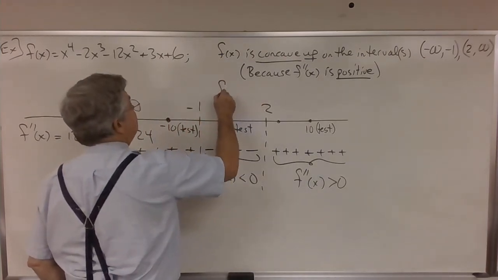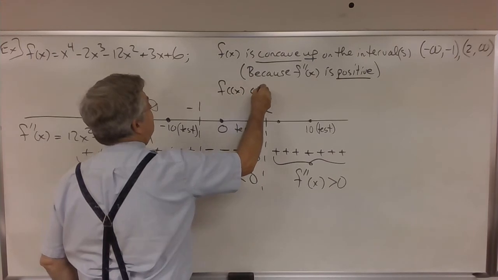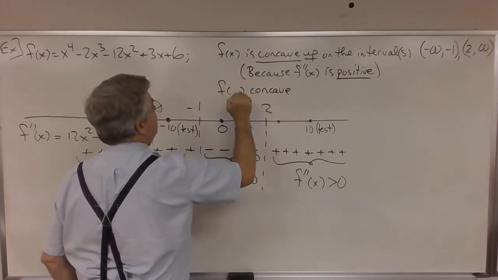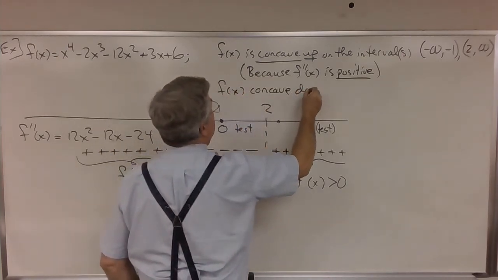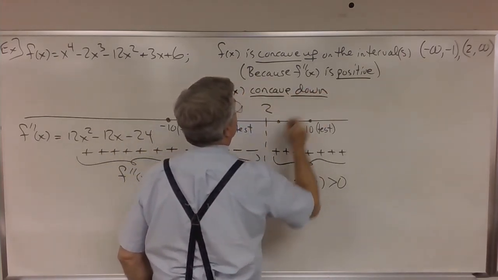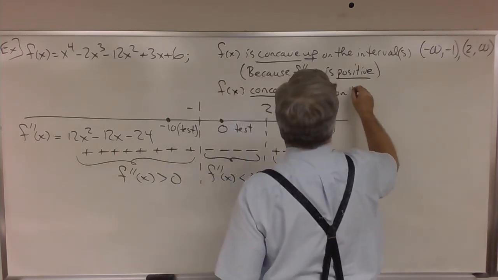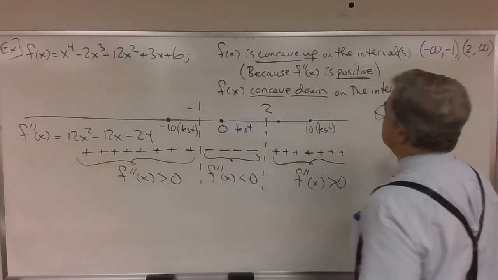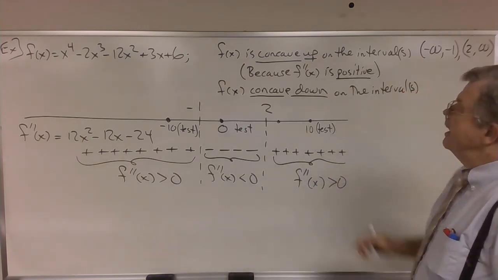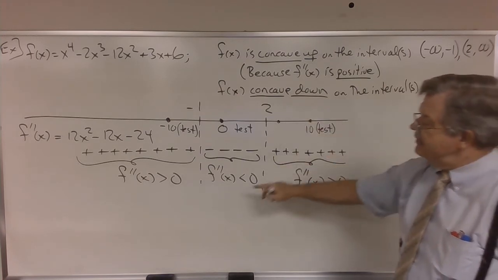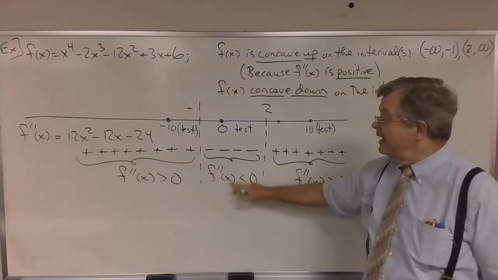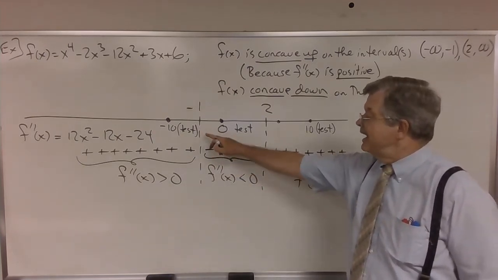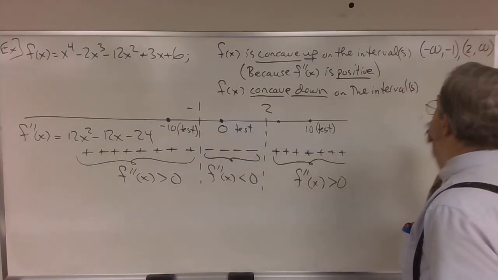Now, where is f of x concave down? f of x is concave down wherever the second derivative is negative. And this is the only place where it's negative, from x equals negative 1 to x equals positive 2.